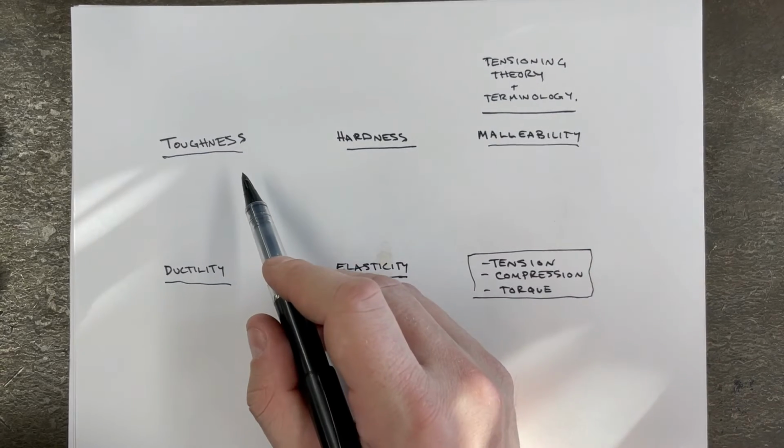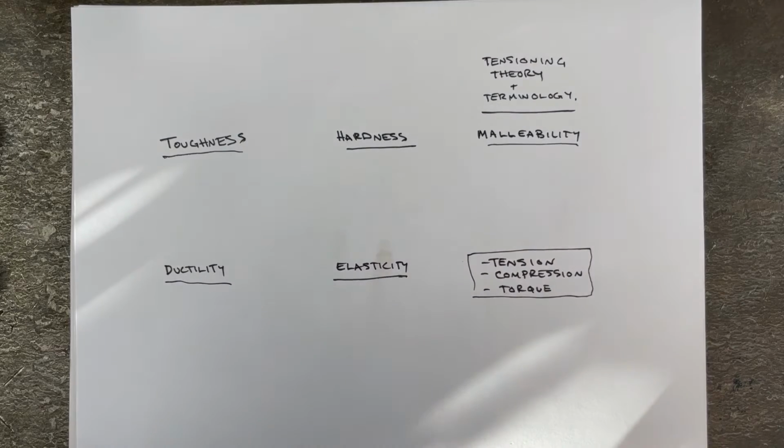So let's talk about toughness. Toughness is the resistance to fracture, or the amount of energy a substance can absorb before it breaks. So a piece of glass is an example of something that is not very tough. Another example in industry would be cast iron. It can crack and break quite easily.